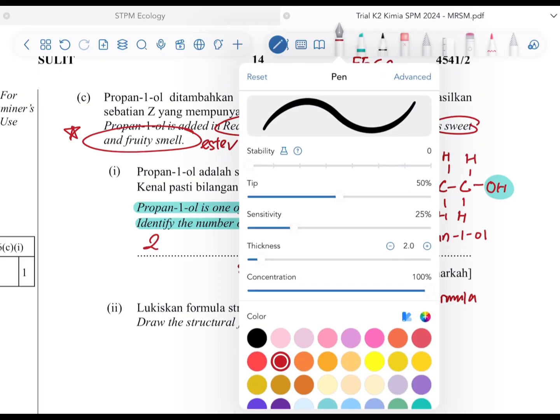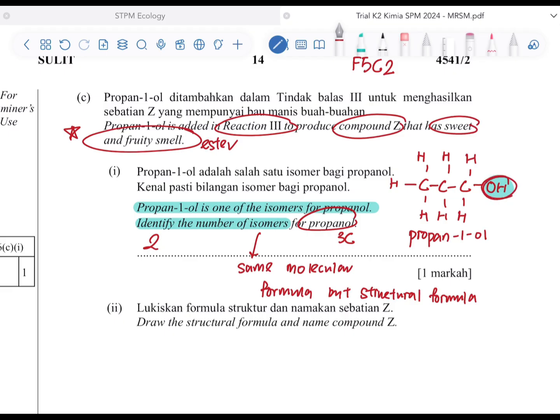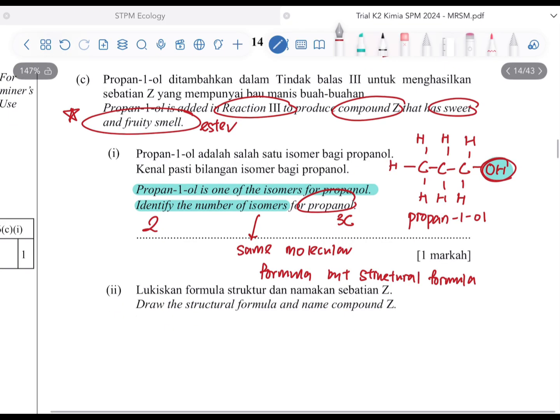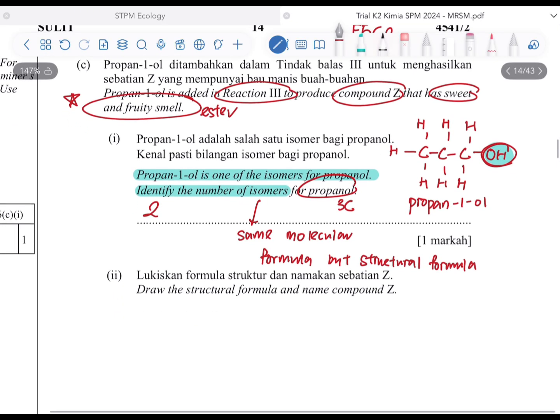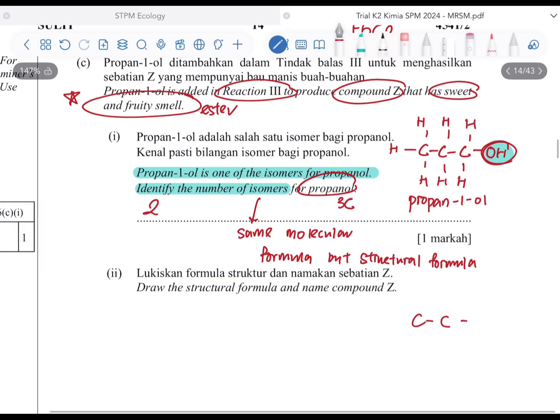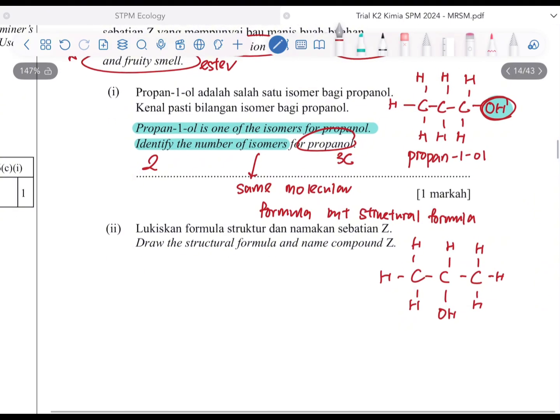So I can move this, right? Because this is the only different thing that I can move. So let's see how I can move it. If I put this hydroxyl group at the second carbon, isn't this also another isomer, which we name propan-2-ol.